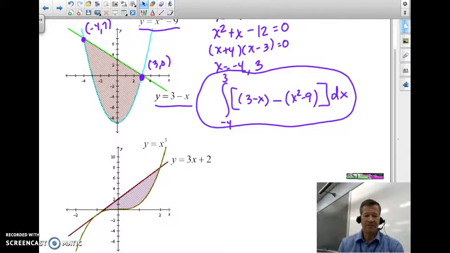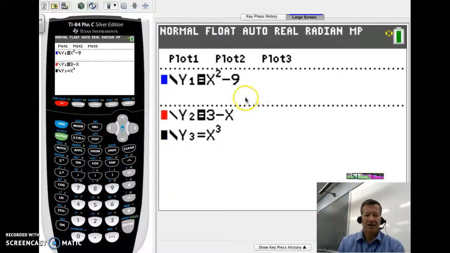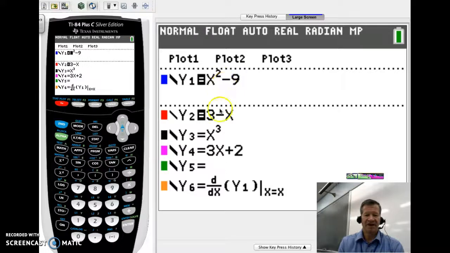I have it graphed on here, so you can see in my y equals menu, I have x squared minus 9 in for y1 and 3 minus x in for y2. So I can simply go y2 minus y1.